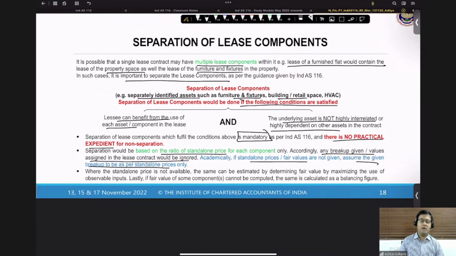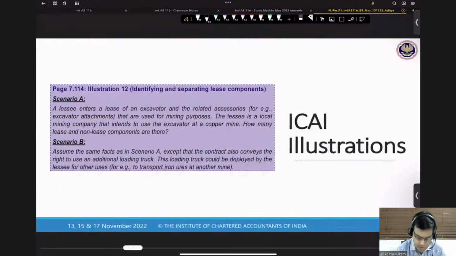Where the standalone price is not available, you can determine the fair value by maximizing the use of observable inputs. I explained this also to you. Lastly, if the fair value of some components cannot be computed, the same is taken as a balancing figure. We called it residual value, here comes your residual value. Is it okay? Yes. Any doubts?